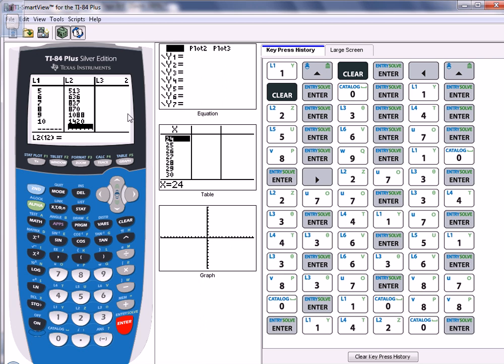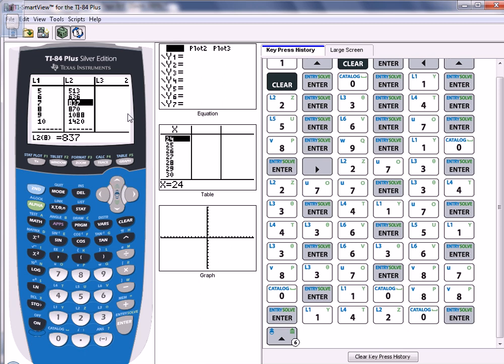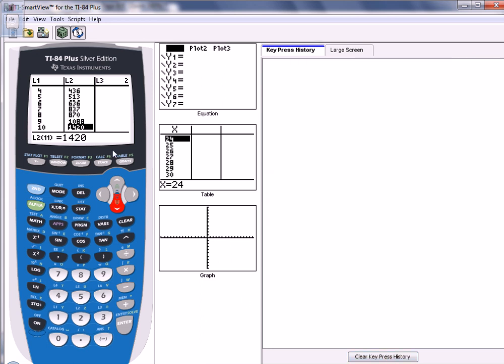And I always double check my data entry. Okay, I'm going to pause a moment and let everybody catch up. So hopefully you have entered all your data into your calculator.